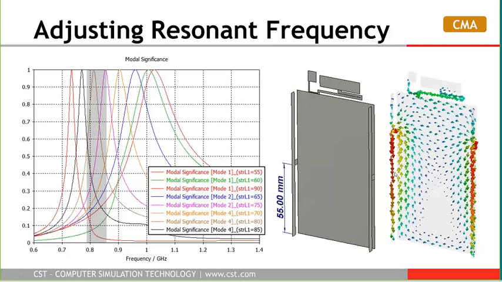This can be done by parameterizing the length of the strip, and if you make this strip longer, you provide a longer current for the mode, and this will shift the frequency of this particular mode. So in the graph on the left side, you see how the mode changes if we change the length of this strip.